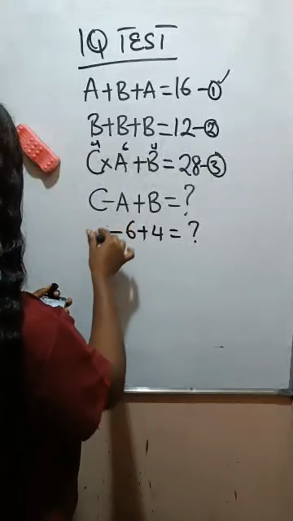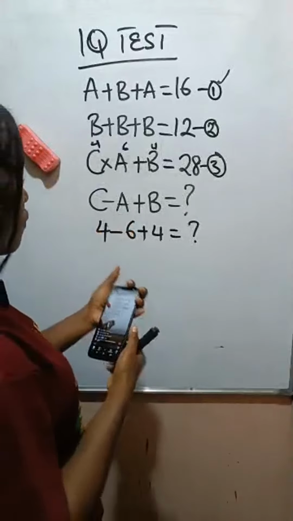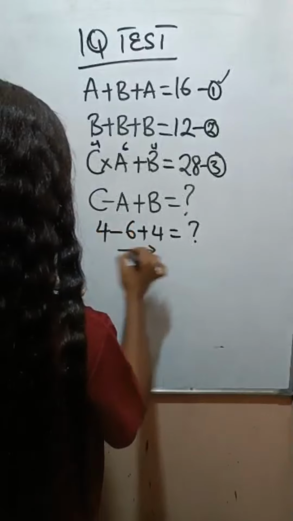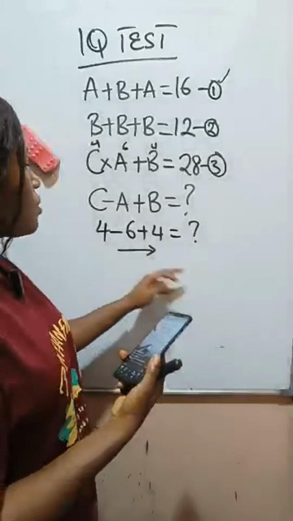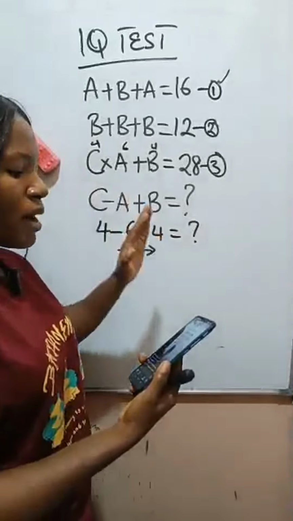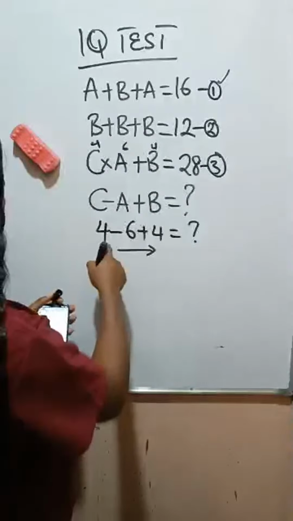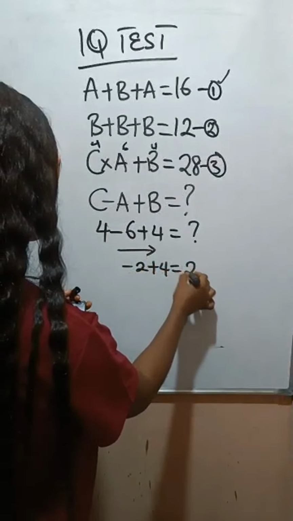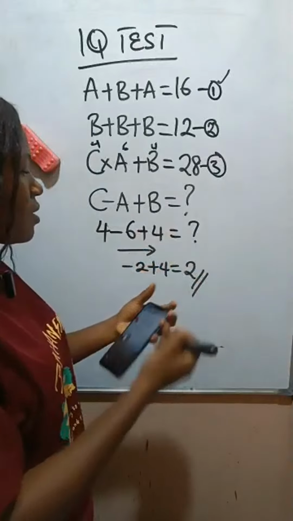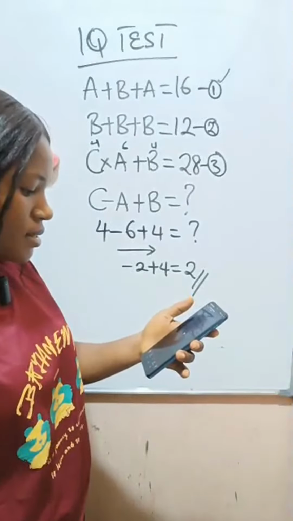So remember that subtraction and addition, you solve from left to right, because both of them are the same in level. So if we do that, we have 4 minus 6 is minus 2. And minus 2 plus 4 will give you 2. So if your answer is 4, then you are correct.